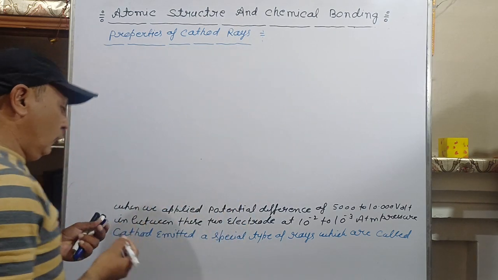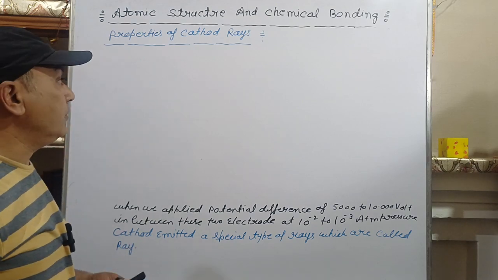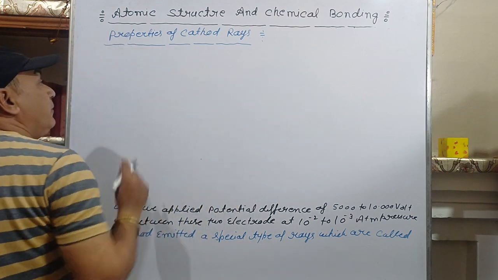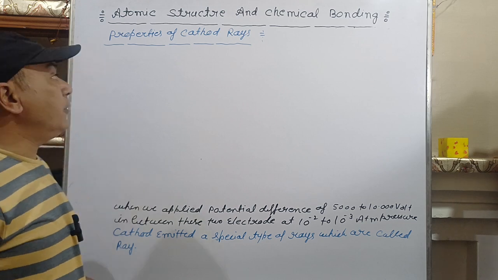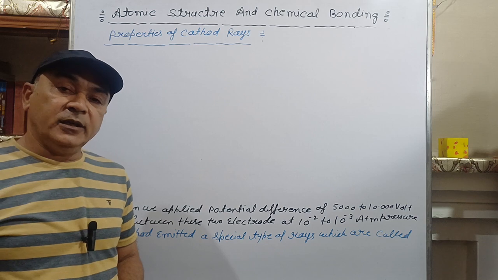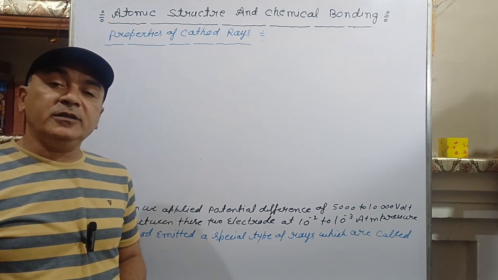We know that cathode rays are emitted from cathode in a discharge tube. When we place an opaque object in the path of cathode rays, it produces a shadow of the object. It indicates that cathode rays travel in a straight line.